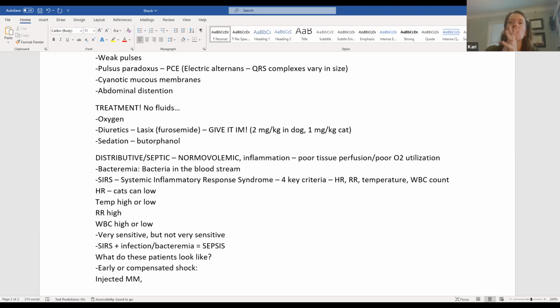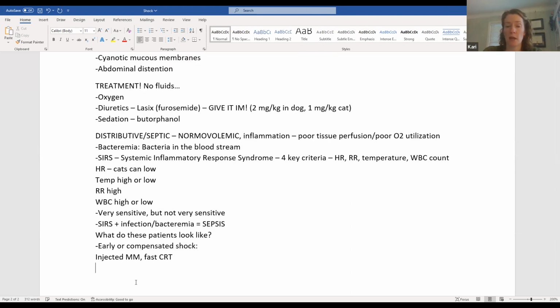Yeah, so it's actually going to be really fast. So if you have this inflammation throughout your body and your blood vessels are all really dilated and red, and they have a lot of vasodilation, you're going to have a fast CRT initially. So injected membranes, fast CRT, they're usually going to be tachycardic. They might be tachypneic.